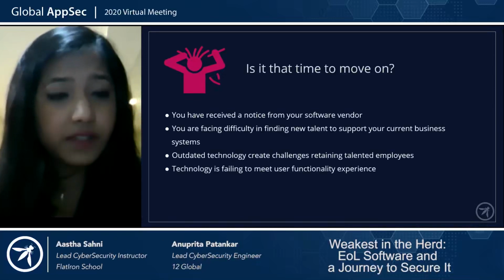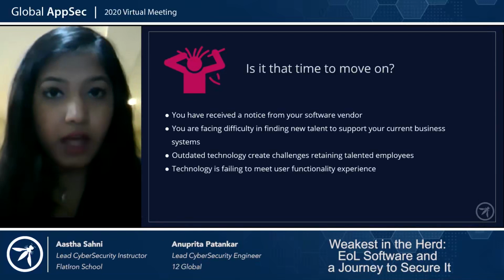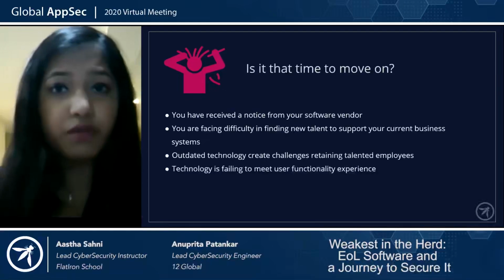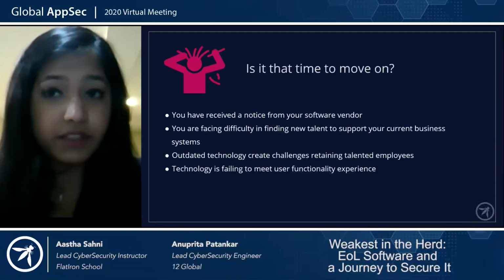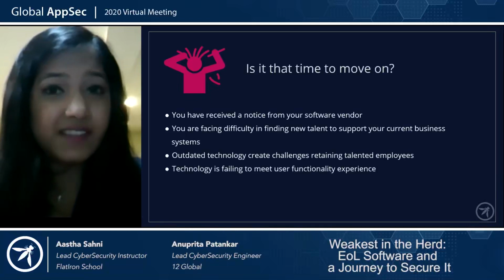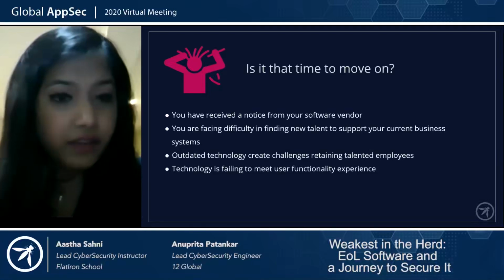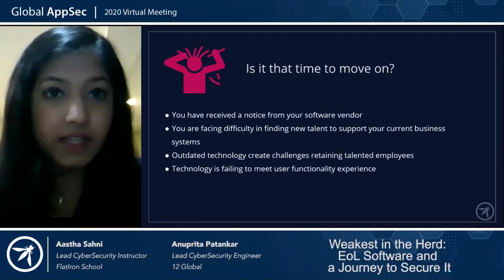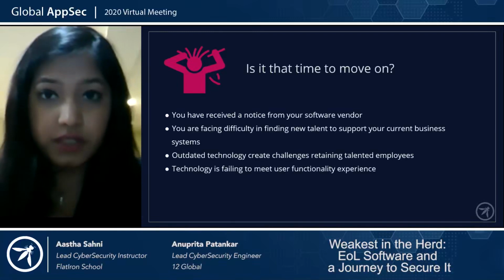The next point is a very important one. As we move forward with time and technology, how are we going to find talent to support the legacy software and the businesses if people are going to retire or maybe an employee decides to move for better opportunity?